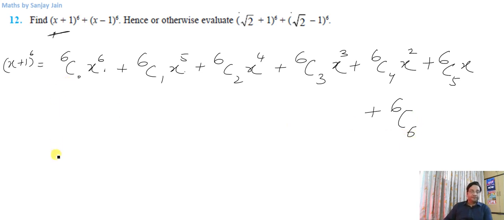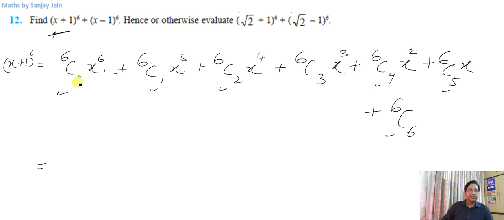So this and this coefficient are equal, this and this are equal, this and this are equal. Whichever way you think about it, this expansion will be okay. You just need to take care of the silly mistakes that you need to avoid.